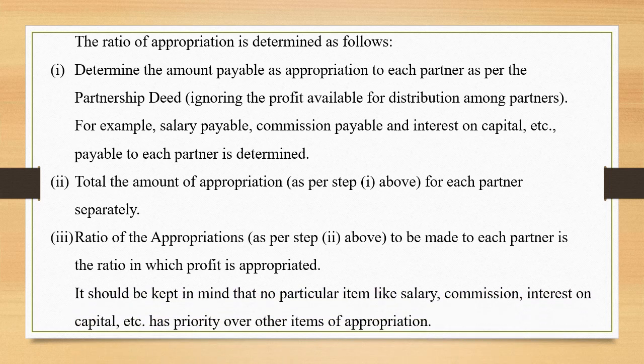It should be kept in mind that no particular item like salary, commission, interest on capital, etc. has priority over other items of appropriation. All the amounts of the appropriation do carry the same weightage.